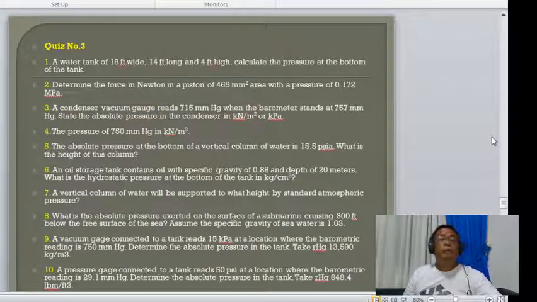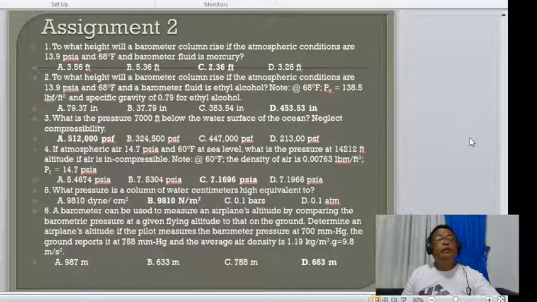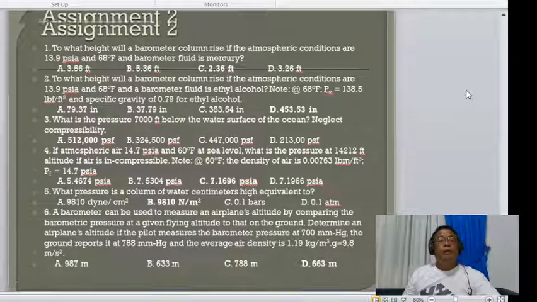We have quiz number 3, with different problems applying how you are going to compute the pressure at certain locations. We also have an assignment, which is the continuation of your previous assignments, to help you familiarize and master how to change from one unit of pressure into another, and how to solve problems in different applications. Okay, class, thank you very much.